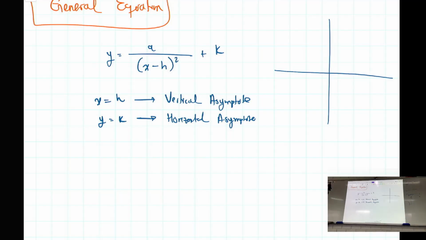The vertical asymptote goes to the corresponding horizontal translation, which is x equals h. Sometimes the words horizontal and vertical translation can be a little bit confusing.